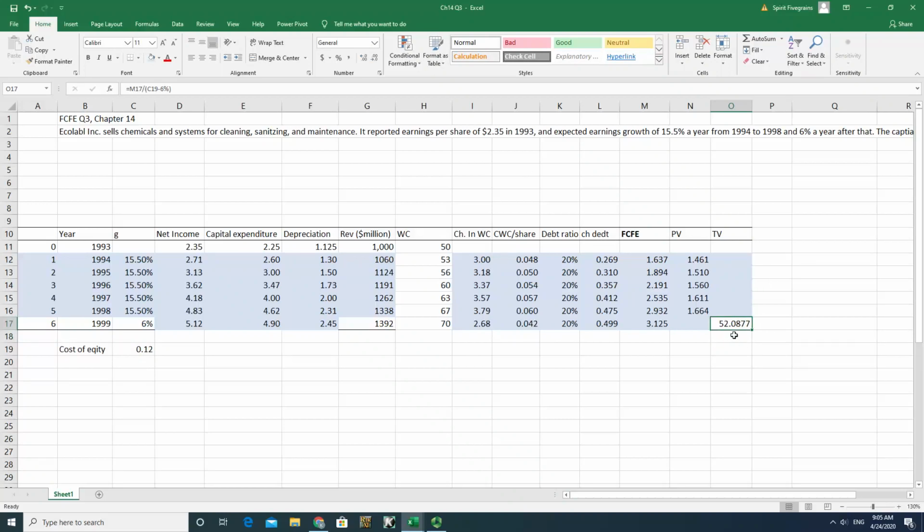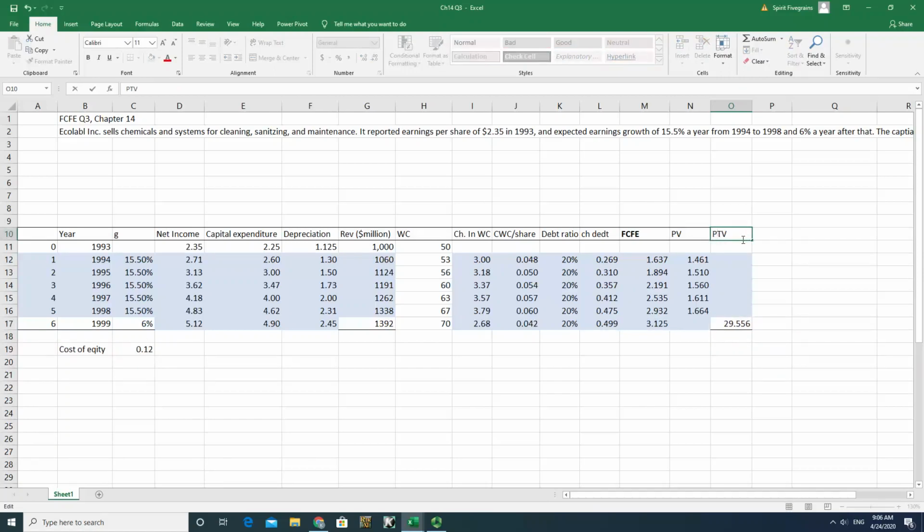And the present value of the terminal value equals the terminal value discounted, divided by 1 plus discount rate raised to the power of 5. Okay, so this is the present value of terminal value.